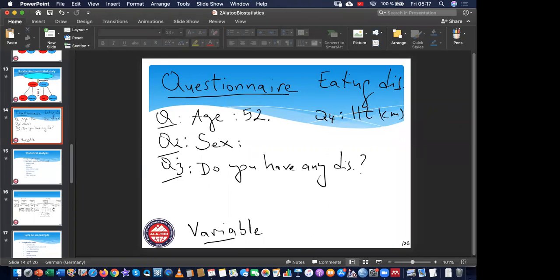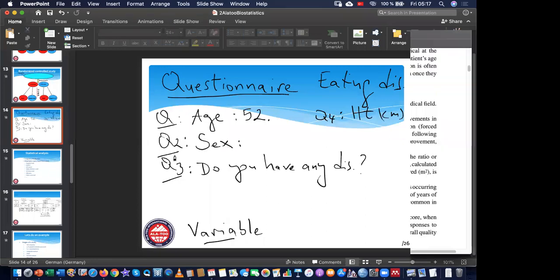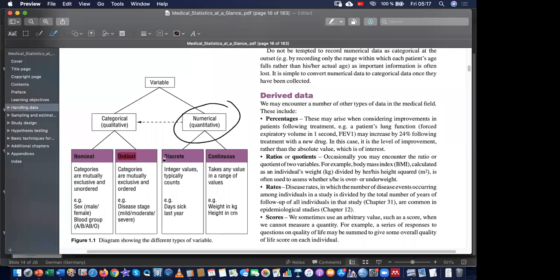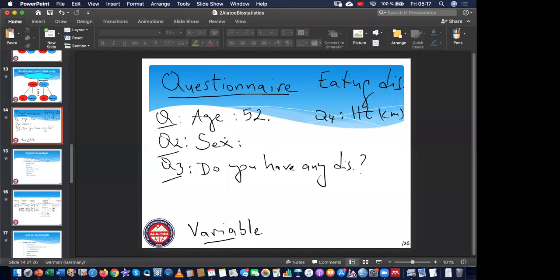Our second question was sex. What kind of variable is that? Is it categorical or numerical? Categorical. You are smart guys. Yes, it is categorical because we have categories here: male, female, or other.